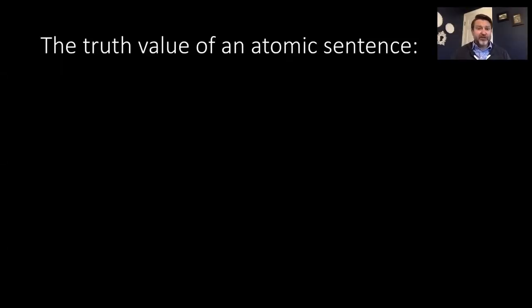Okay, so we have logical and non-logical symbols. And we might think, first of all, how do we know what the meaning of a logical symbol is? How do we know if that logical symbol stands for a sentence? How do we know whether that thing is true or false?